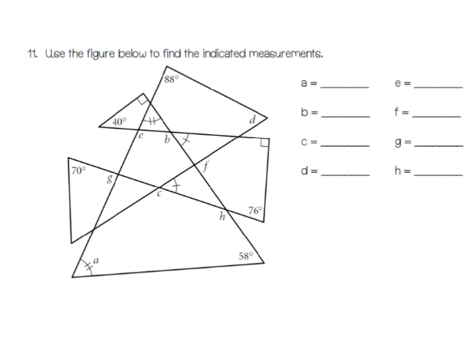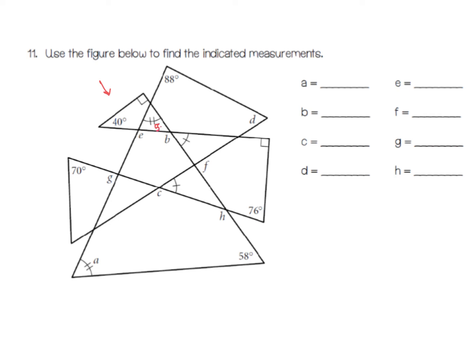All right, so number 11, there's a lot going on in here, but it's not too bad once we start breaking it down a little bit at a time. I always try to find vertical angles and that sort of thing, but we don't really have a whole lot of those here. So I'm going to start up here. I see I have a 40-degree angle and a right angle at this little triangle right here, which means if this is 40 and 90, this one here has to be 50, a little tiny one.